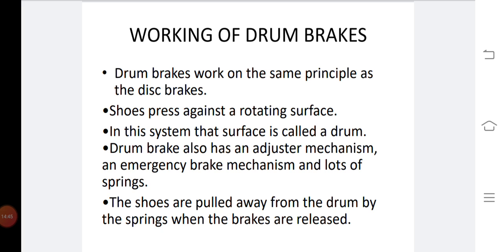Its lifetime can be greater than the two leading type of shoes, and equal self-servo action. Two effective shoes provide a more powerful and stable brake.